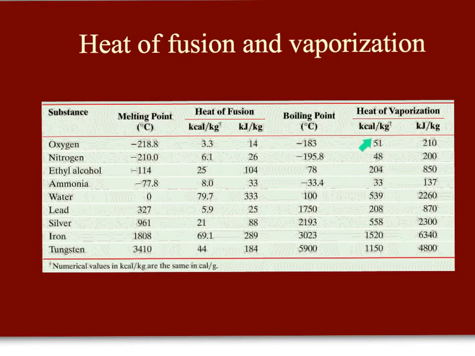Likewise, each substance has its set heat of vaporization, either kilocalories per kilogram or kilojoules per kilogram. So as we look at these problems, you will see that I pull these numbers off of a chart and they are set constant numbers.